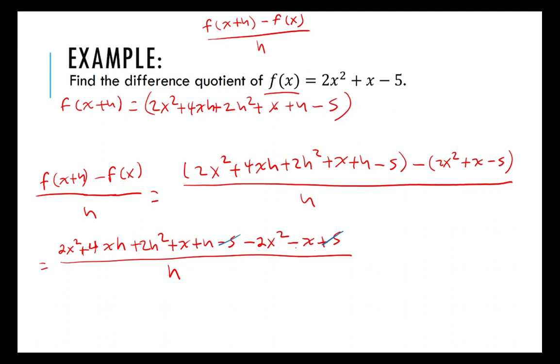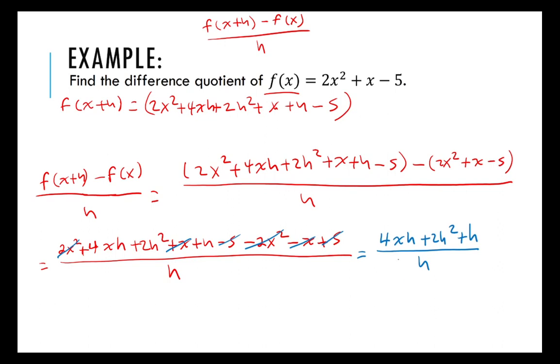I also see plus x minus x, those cancel out. I see minus 2x squared plus 2x squared, those cancel out. And then notice that I'm just left with this h stuff. And so that's going to leave me with 4xh plus 2h squared plus h, all divided by h.